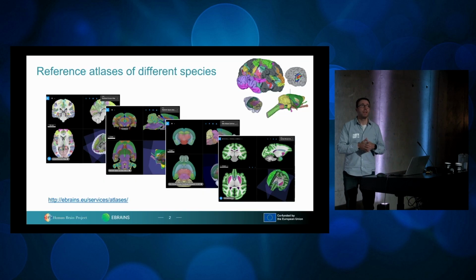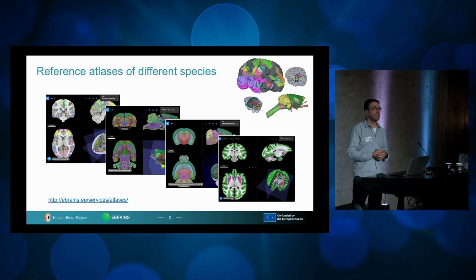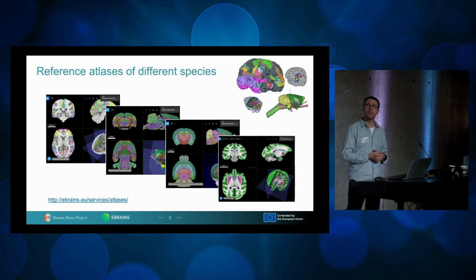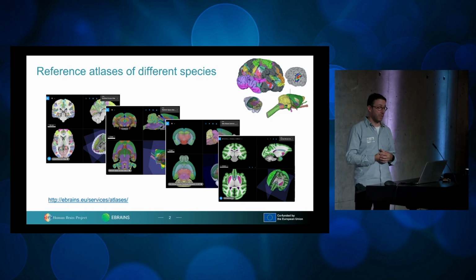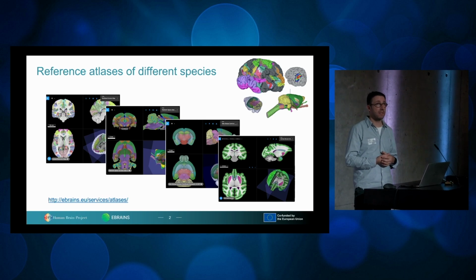Let me start by introducing very briefly what we are doing in EBRAINS in terms of atlases. EBRAINS is a research infrastructure that has been built as one result of the European Human Brain Project. And in the frame of EBRAINS, we have developed brain atlases of different species. There's, of course, an atlas of the human brain. There's an atlas of the rat brain.